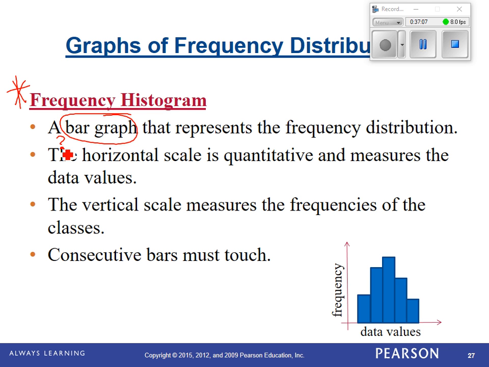The bars touch because we want it to be continuous. So this goes from like 0.5 to 1.5, and then this one goes from 1.5 to 2.5, and so on. But it's got to be continuous. So that's a histogram. A histogram has to be continuous.